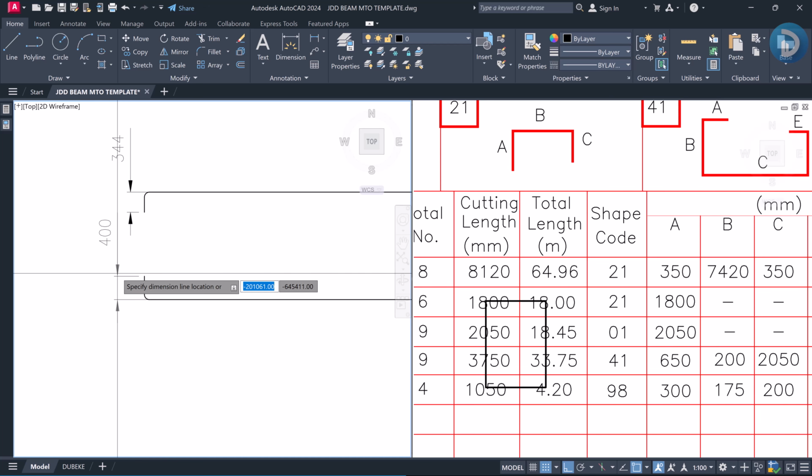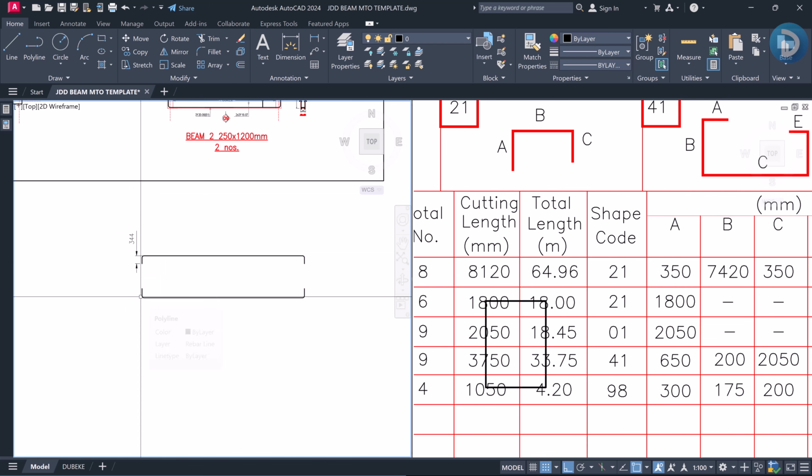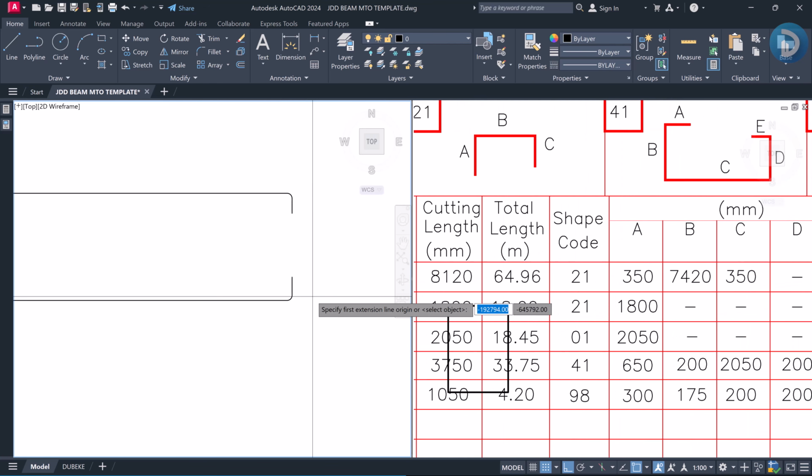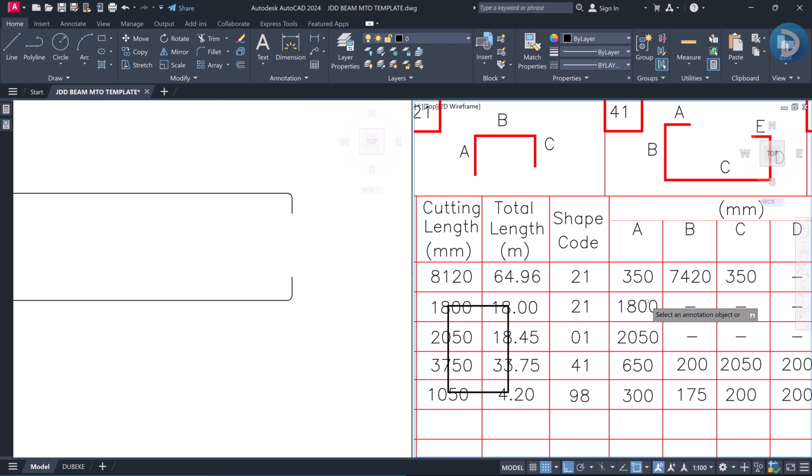This is actually different from bar mark 01. The first one is approximately 350, while this is 400 millimeter. Let's check the right hand side as well. From here to here, we also have 400 millimeter. So for our sides A and C, we'll take this to be 400, and this also has to be 400.